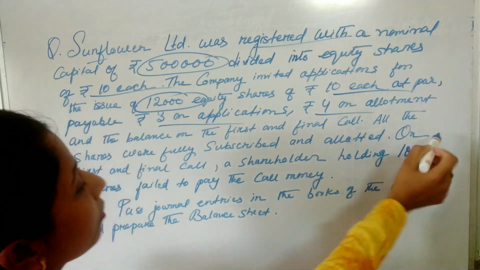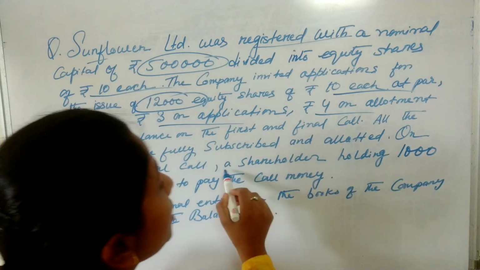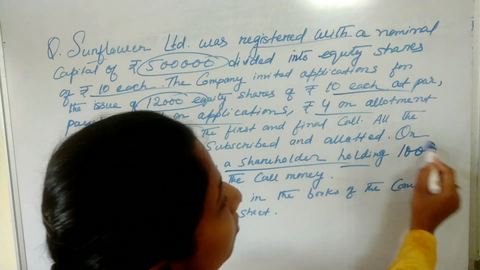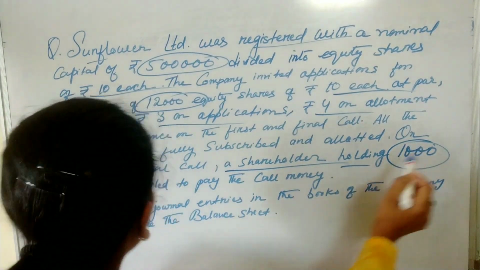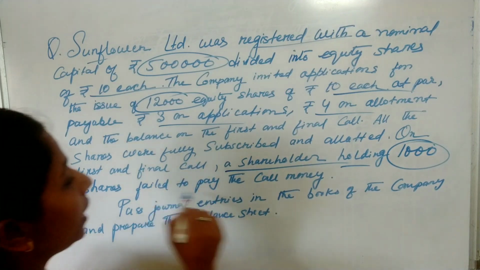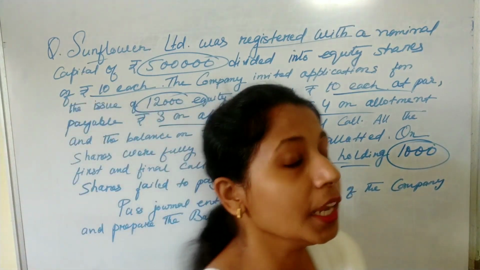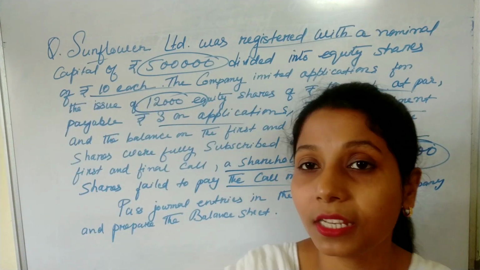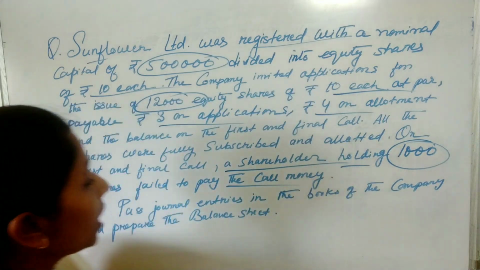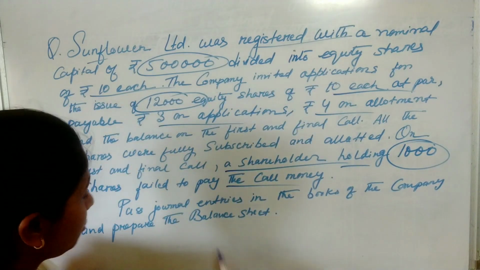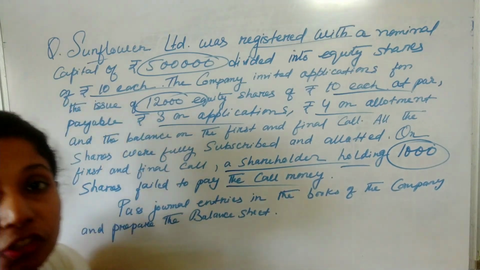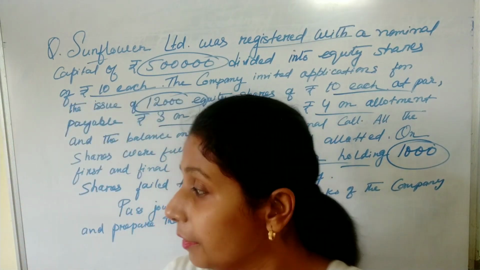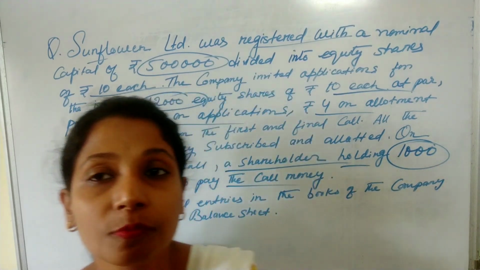Now what happens? On first and final call, this one shareholder holding 1,000 shares has failed to pay the call money. Now see, in this question it is written to pass the entries and to prepare the balance sheet.